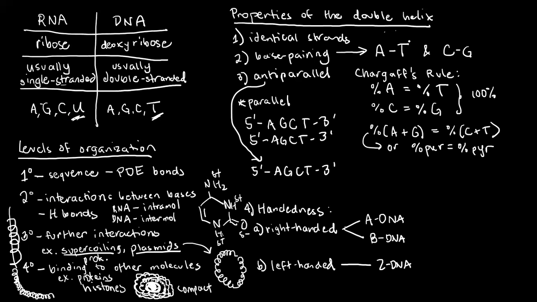Now, it's not just enough for us to know about the four levels of organization, because if we are to study the central dogma or the processes that are essential for the expression of genetic information, we must further dive into the details of what we call the DNA double helix.